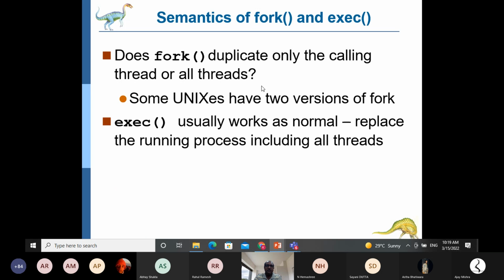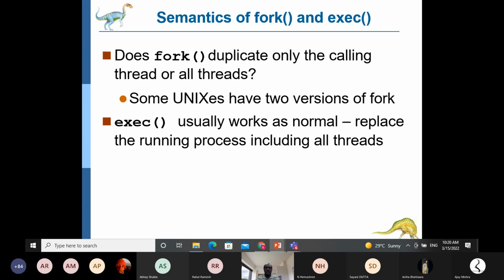Coming to the semantics of the fork and exit system calls in the context of a multi-threaded process. The issue is what happens when you perform the fork system call in a multi-threaded process, where several threads are in execution. Suppose a particular thread encounters the fork system call.